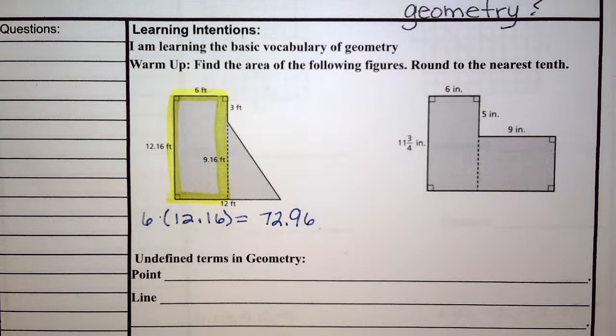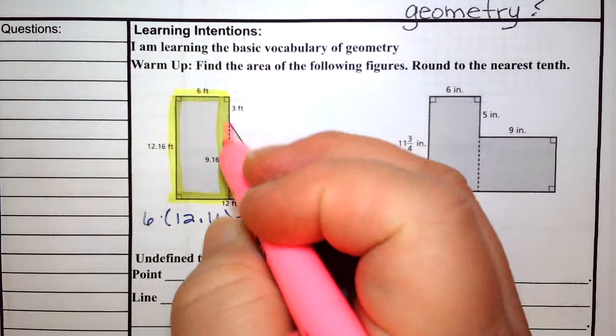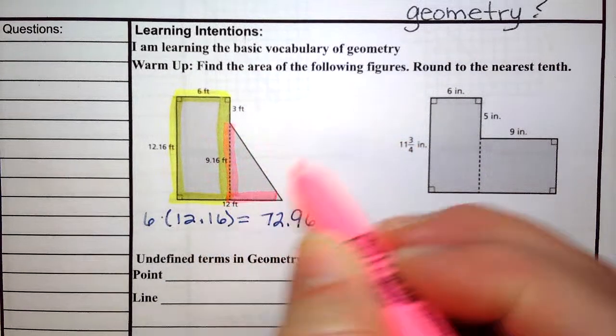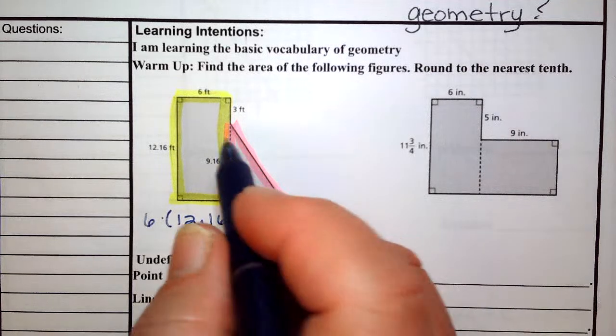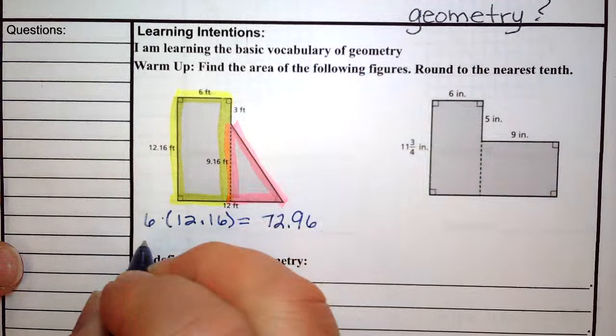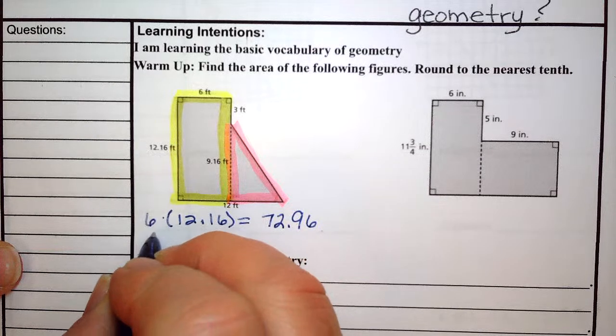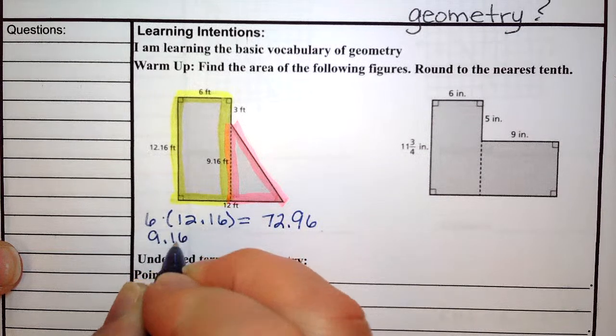Okay, now what about the triangle? We've done the rectangle. What about that triangular part? What does it look like? Okay, so we know it's base times height divided by 2 because a triangle is kind of half of a rectangle or a square. So we've got our height, which is 9 and 16/100.